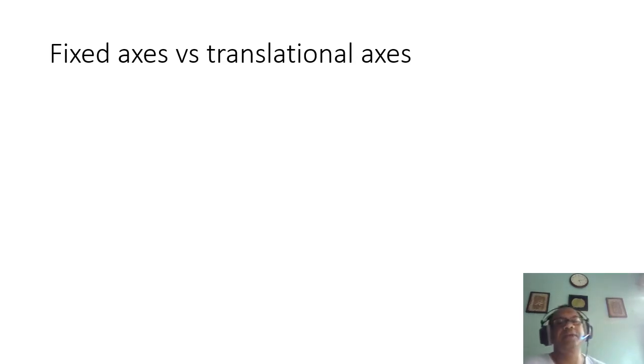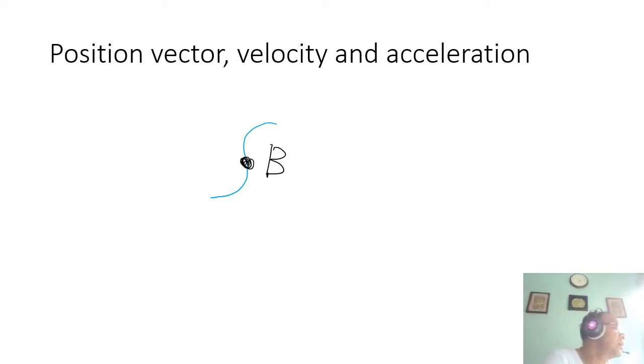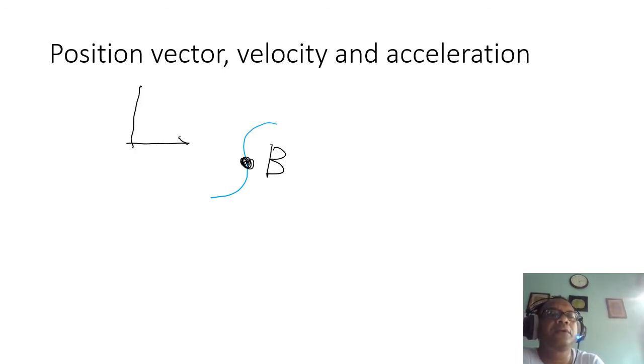So let's start with an example. Let's say we have a path, and then we have a particle B here, and we have a translating axis. Let's call that x dash and y dash.